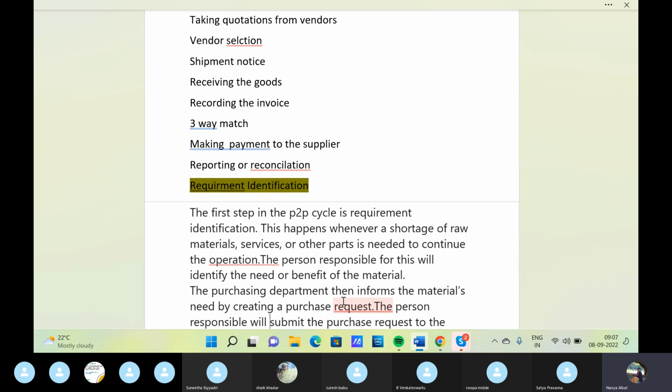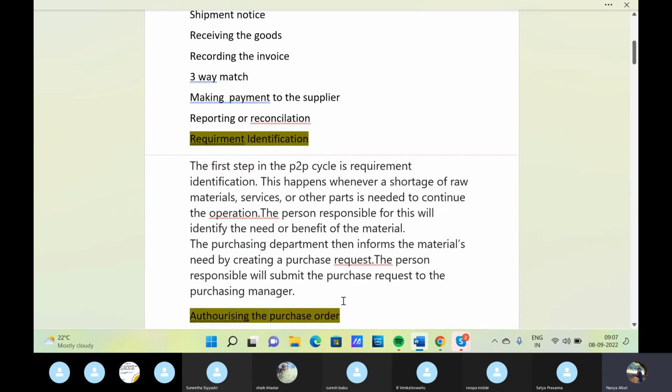This is the first step in the P2P process, and every company is responsible for assigning one person. That person manages all the material details and requirements.